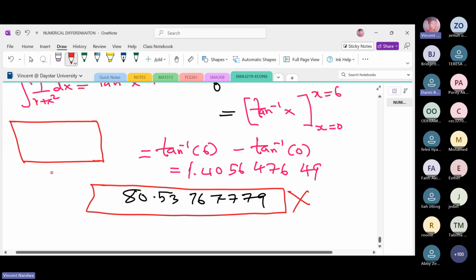For people who are getting 80.53, the calculator mode is in degrees.